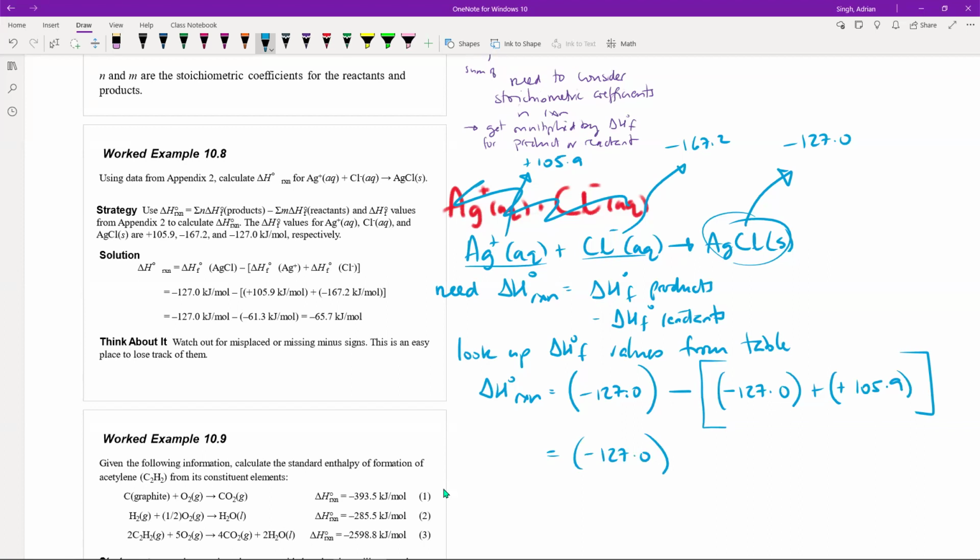Okay, then we have, this is going to be minus, if we add these together, so we have negative 127.0 plus 105.9, negative 127.0. What does that give? Here's minus negative. Did I put the wrong number in? Yes, I did. Again, very easy to make that error. Negative 167.